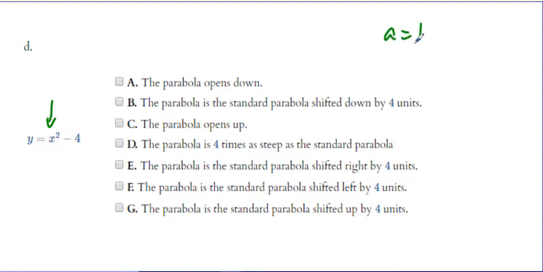And the a is the coefficient in front of the x squared. It did not change whether it was steeper or wider, right? It kept the same shape, but it just moved it down 4. So it's opening up, and it's going down by 4. There we go.